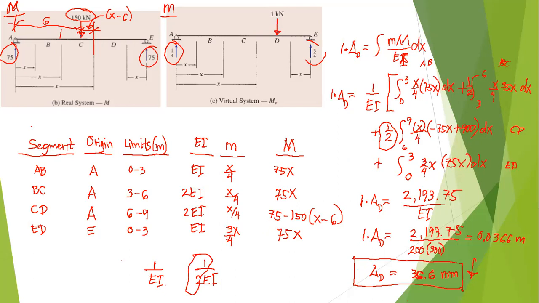You see? It is 1 over 2, so we take it out. The original expression is m times m over 2 EI dx. Since this is constant, we have 1/2 integral of m m over EI dx.